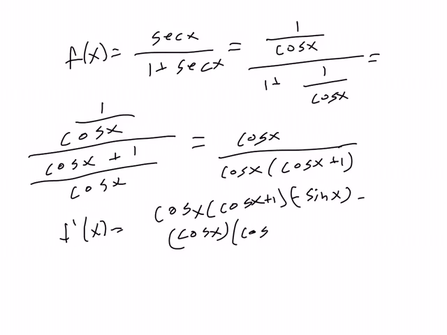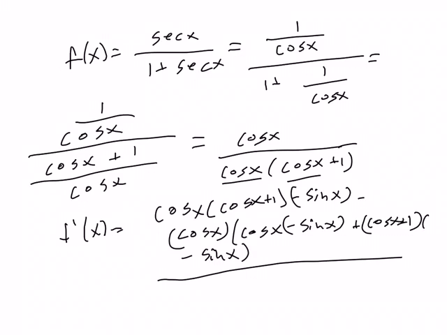So you're going to have cosine x times the derivative of this, which is negative sine x, plus cosine x plus 1 times the derivative of this, which is negative sine x, all of this over cosine x times cosine x plus 1 squared. Ouch. Okay.